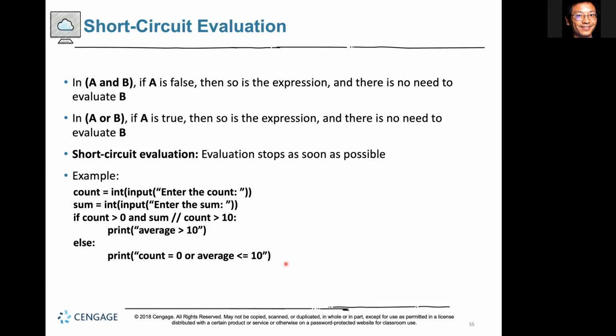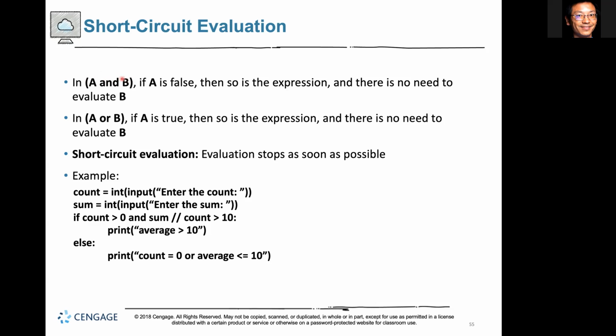It means if it's A and B, we know the only case to make this true is if both are true. And now, if A is false, there's no need to evaluate B. That's what the short circuit means. So if A is false, it will just end right there because it doesn't really matter what B is. The end result is going to be false, right?